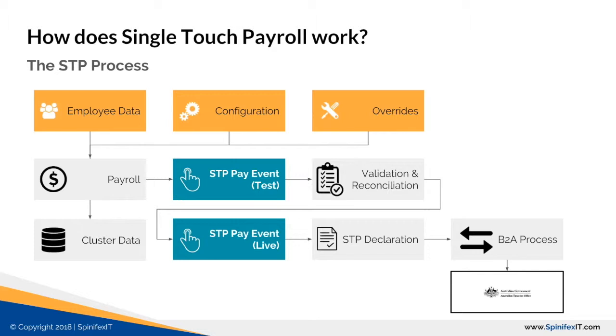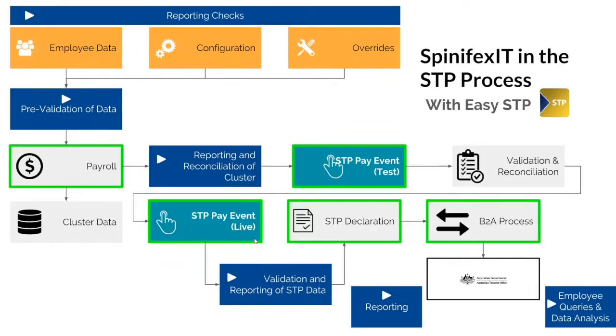Once that checking and reconciliation process is finalized, a live STP file is generated, at which point there's a declaration process, and post that declaration, a file is transmitted via some sort of cloud integration. Each client will have the option of going down their own path, and that cloud integration gets forwarded to the Australian Taxation Office.